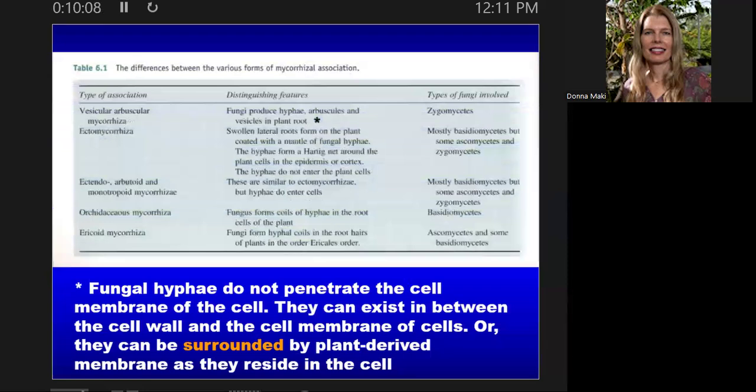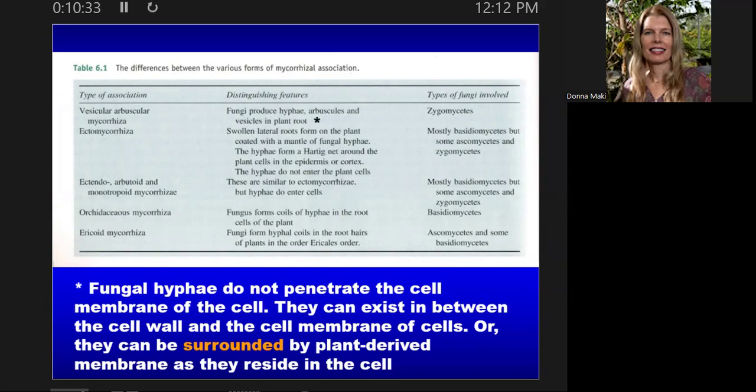This table is looking at a couple of different types of mycorrhizal fungi. So I just wanted to point out that even though we're going to cover the top two here, the vesicular or arbuscular mycorrhizae, which is quite a mouthful, or the ectomycorrhizae, there are also these other types too. Orchids have their own type of mycorrhizae, and ericoid and monotropoid.